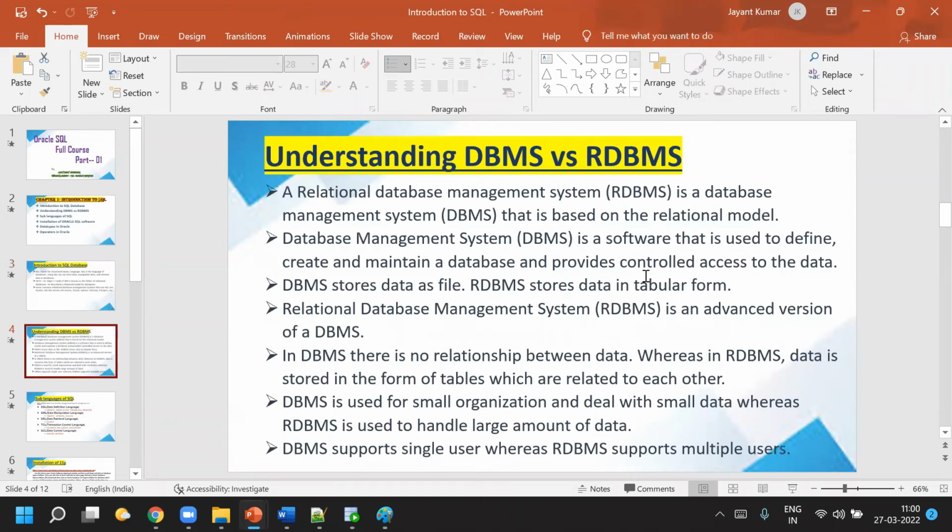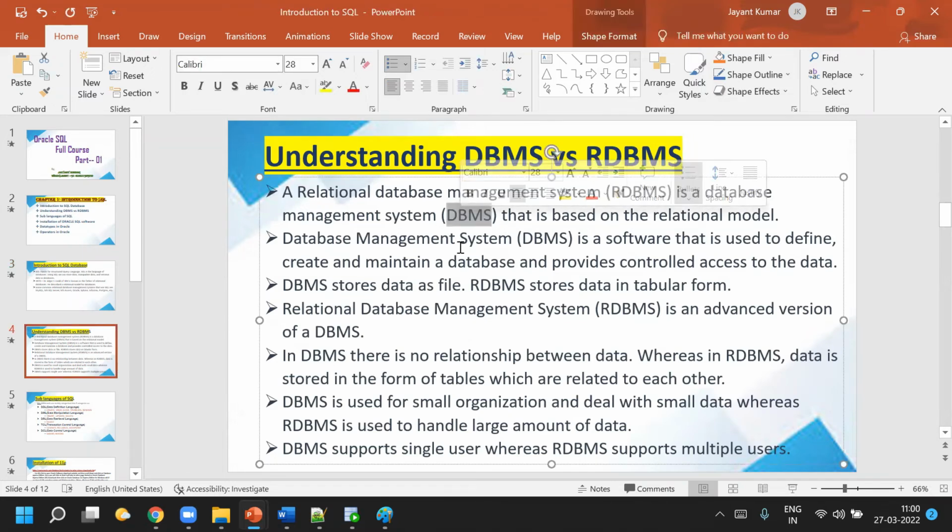Understanding DBMS and RDBMS: a relational database management system is a database management system that is based on the relational model. RDBMS also came from the DBMS only. A database management system is software that is used to define, create or maintain a database and provide controlled access to the data. DBMS stores data as a file.